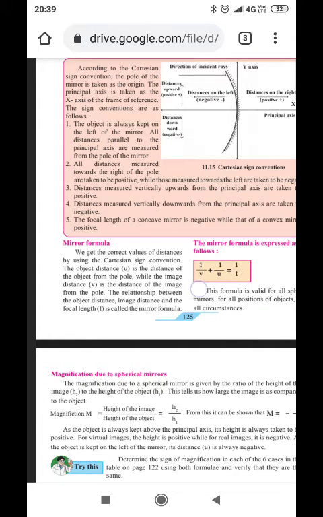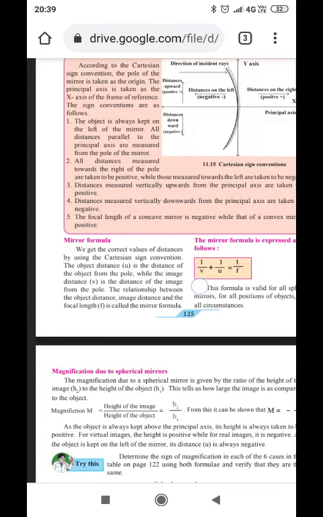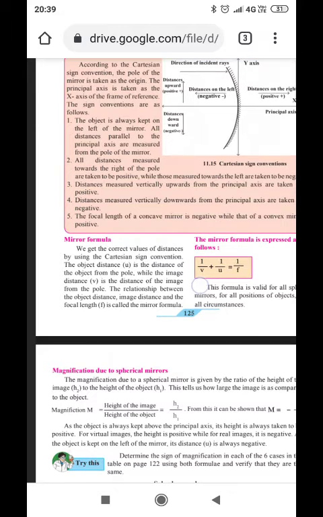So as per the x and y axes, when you are drawing on the graph, the left side is always negative and the right side is positive, and the upper part of the y-axis is positive and the lower part is negative. The same thing we have to follow here in the sign convention.